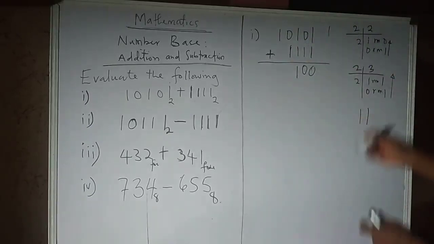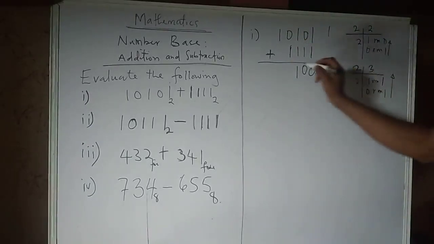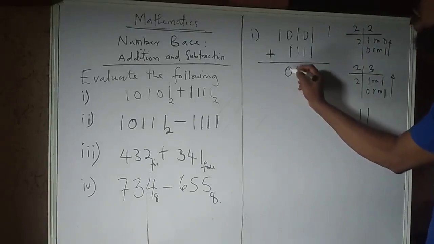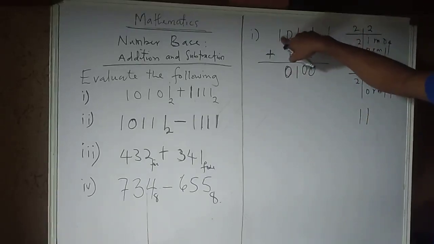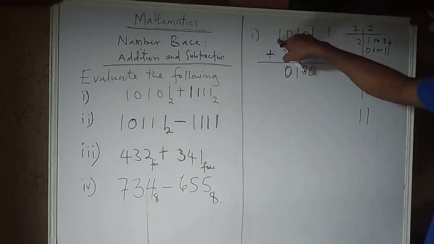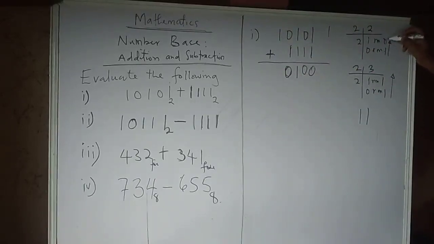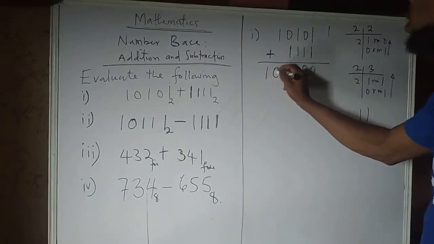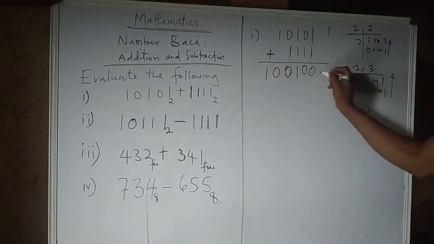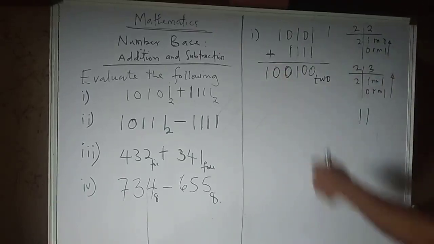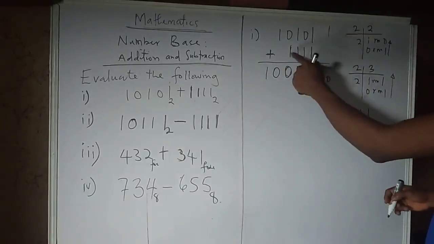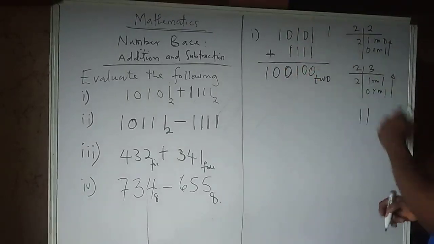If I convert it to base 2, I'm going to have 1 and 0. So I'm going to write 0 here, and I'll take 1 and add to this guy. 1 plus this 1 will become another 2, which is 1 and 0. So I'm going to have 1 and 0 here. So you see, this is our solution. If we add 10101 plus 1111, we get this in base 2.